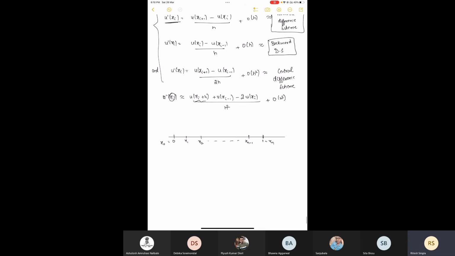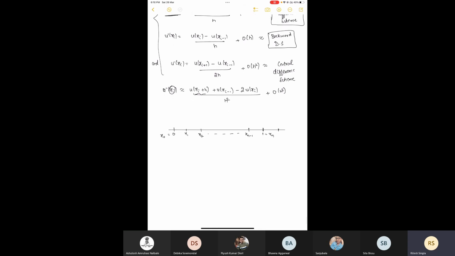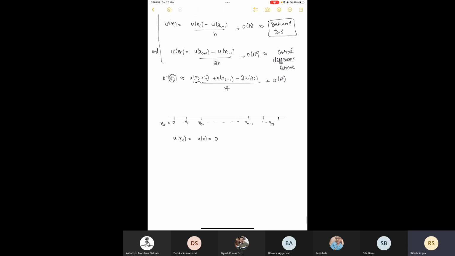So suppose we are dealing with this. One thing we have is u of x naught, which is u of 0, given to be equal to 0. So this is your equation number 1.